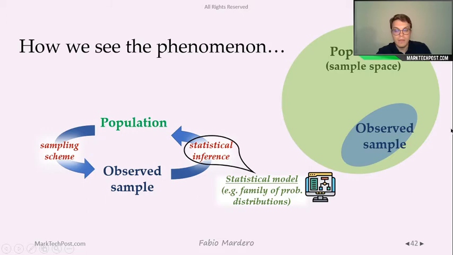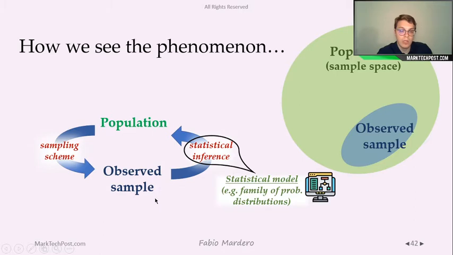This picture should be already familiar to you. The population, the sample space, is where the phenomenon lives, but we get only a limited set of samples from all the outputs that the phenomenon could produce, and this is the output sample. So the phenomenon is seen from the population to the observed sample through a sampling scheme.